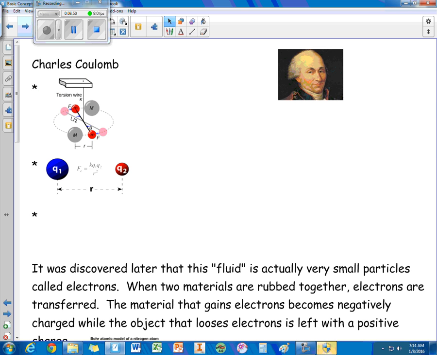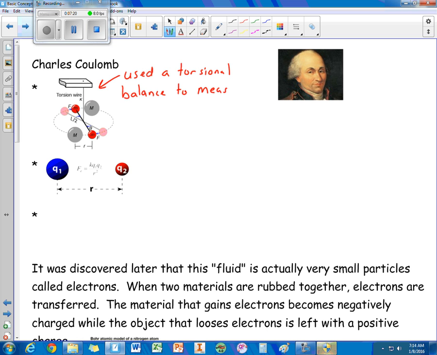The next important scientist was Charles Coulomb. He was a French scientist, and what Coulomb did was he used a torsion balance to measure the strength of the force of attraction or the strength of the force of repulsion. And what this did was it led to the development of a unit for electrical charge.